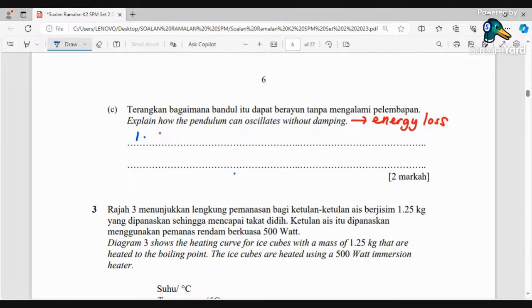Okay, you can apply periodic external force. Okay, satu je.